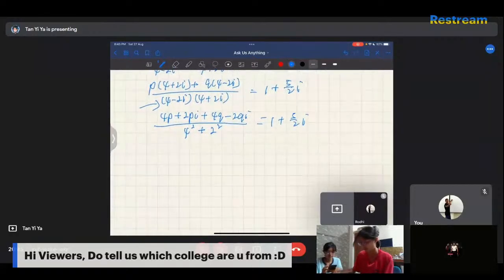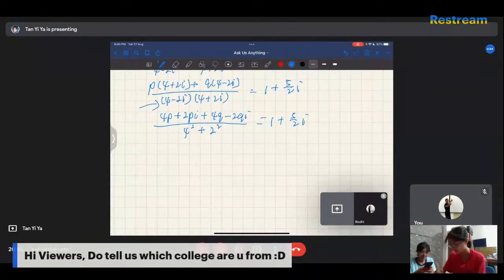So we can combine the part of real number and imaginary number, which is 4p plus 4q, and also 3p minus 2q i, and this is the imaginary number. So the denominator will be 20.